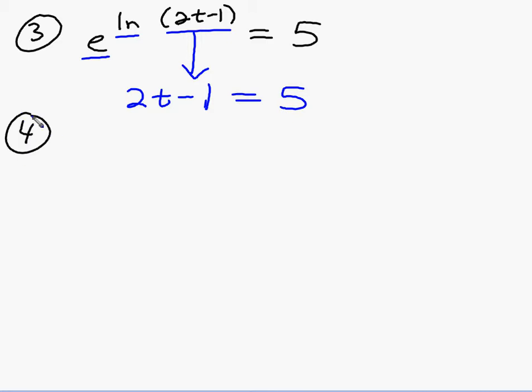How about this one? 2 to the x equals 10. If it were me, I think the easiest way to do this problem, since there's no property for this problem the way it sits right now, is to take the natural log of both sides.